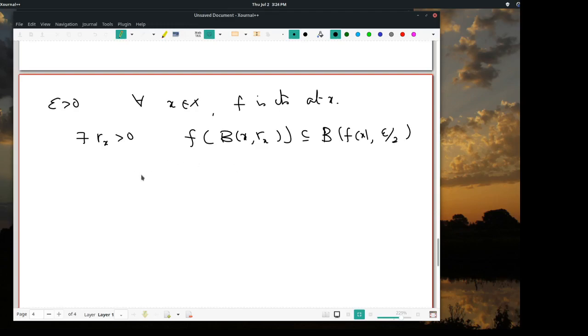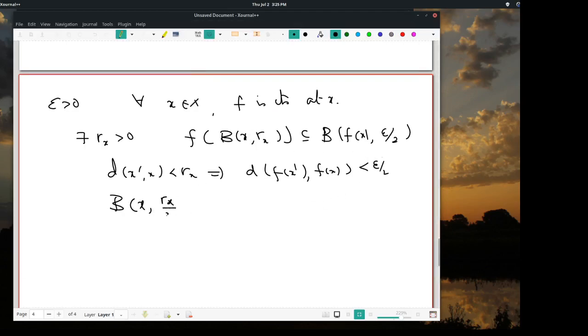That is, distance between x dash and x less than Rx would imply distance between f(x dash) and f(x) is less than epsilon. Now let's look at the collection B(x, Rx by 2), not Rx but Rx by 2. Understand? That's the only change we are doing.